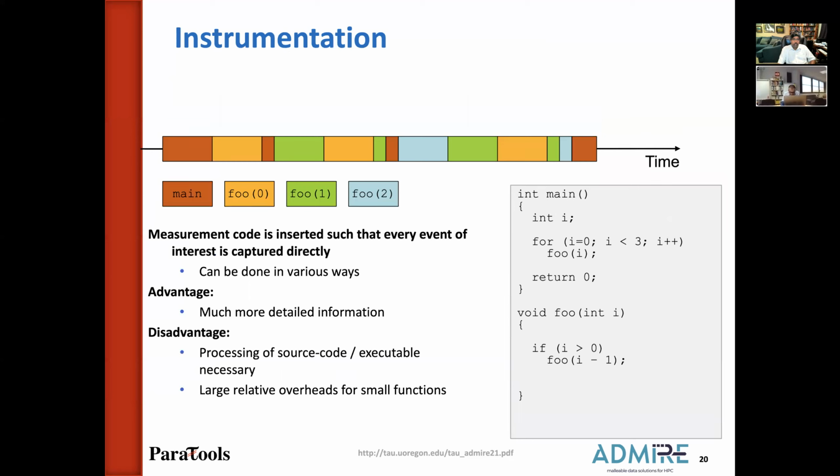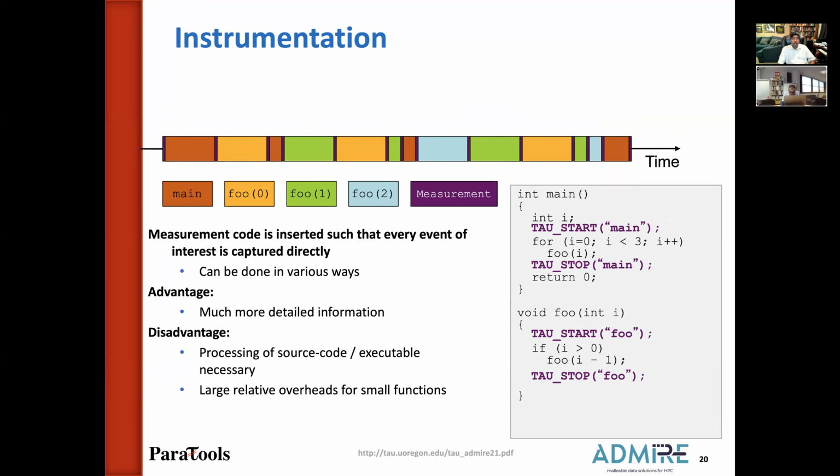Whereas with instrumentation, you are adding hooks to your code with start and stop calls added explicitly. Now, we do this with runtime systems, such as with the pthread or OpenMP tools interface or MPI or CUDA or any of the other GPU runtimes, where we have a start and a stop.